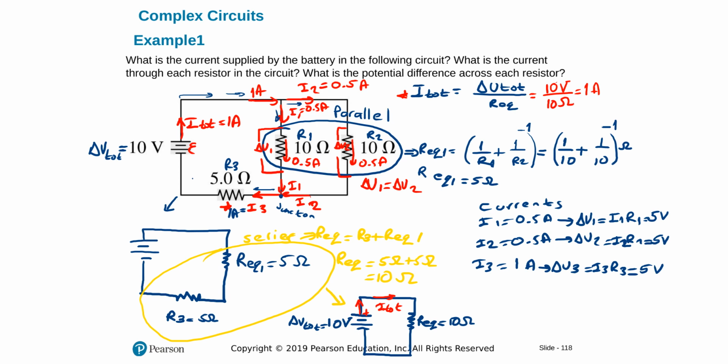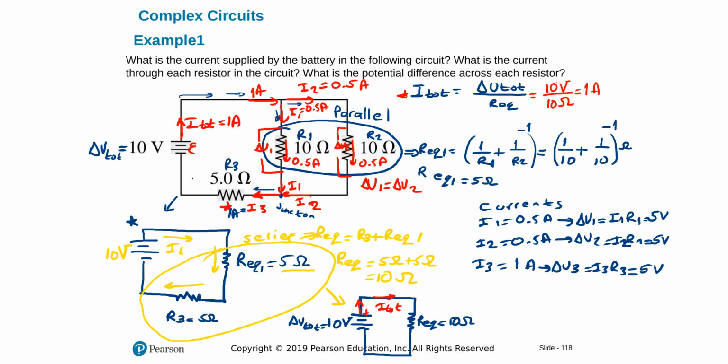Notice they have the same potential difference. And over here, this first simplified circuit could also tell me that. I found our equivalent for part 1, the parallel part, is 5 ohms. And R3 is 5 ohms. My total potential difference is 10 volt. Series circuits have the same current. I total is actually passing through all these.